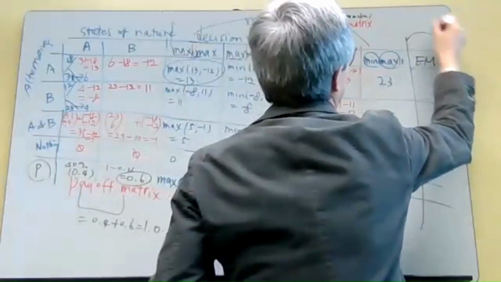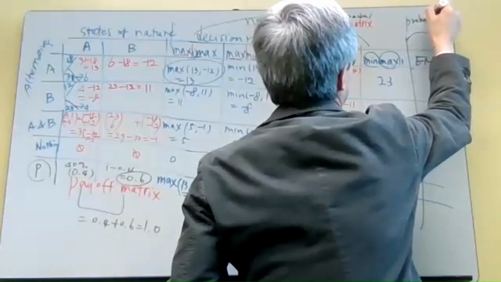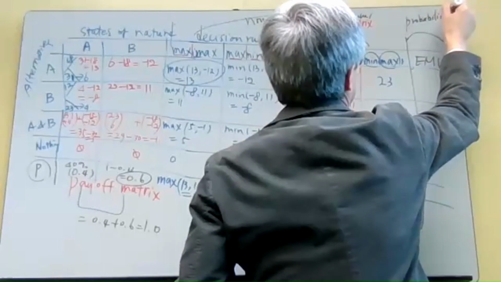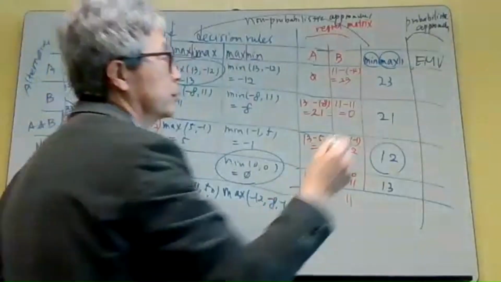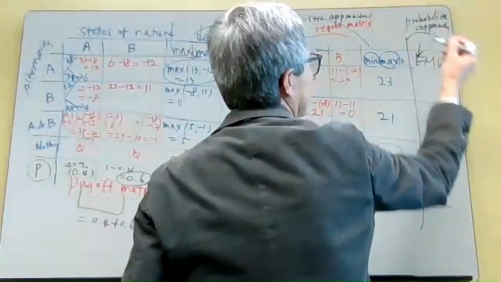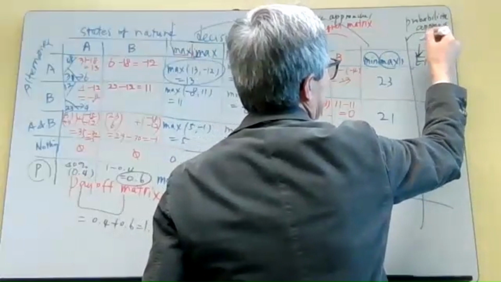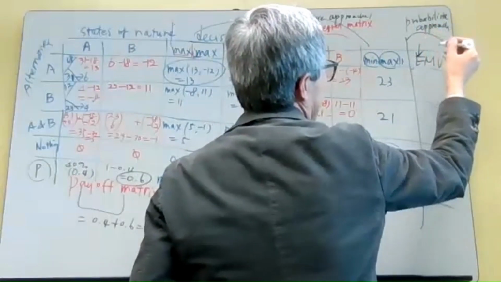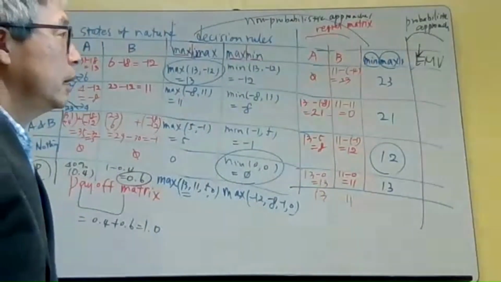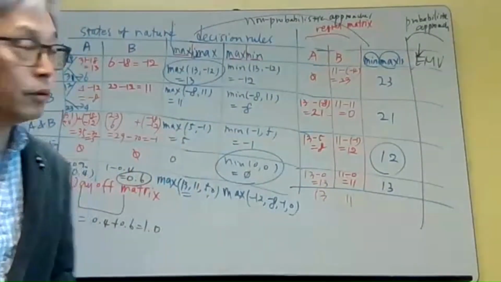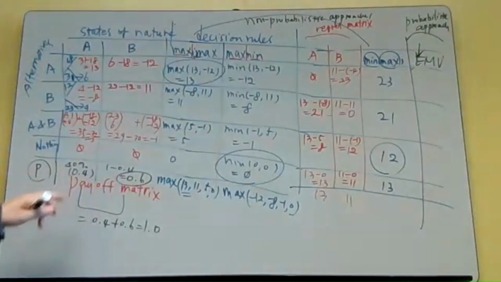Now we're going to go with the probabilistic one. Expected monetary value, because we use expected, so it's kind of probabilistic. We use probability, and we calculate the monetary value using this probability.